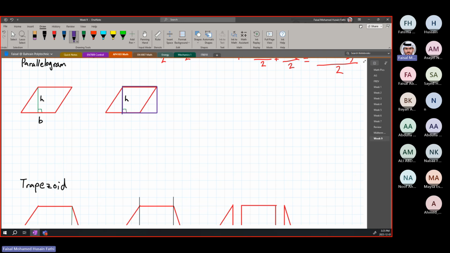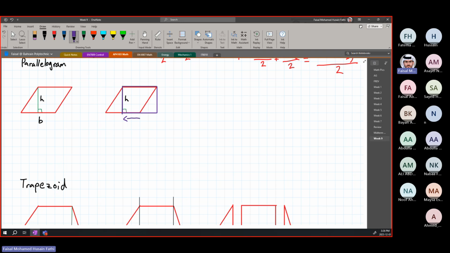Imagine this rectangle is being shifted from the bottom, you pulled it from the bottom to the left side and it became deformed, it changed shape, and it became the red shape. If you notice here, the base of the rectangle is the same as the base here. It's the same size. But the difference here is this triangular part, which has just been shifted over here.